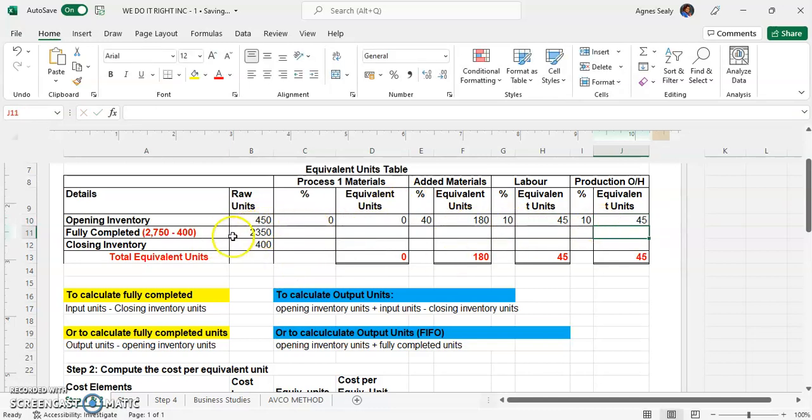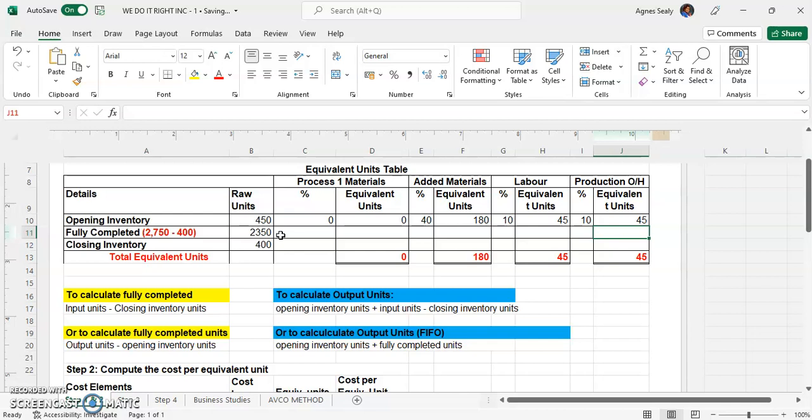Now, when it comes to our fully completed units, these units were the units that were started and finished during the period. So if they have been started and finished, and they, as the terms say, fully completed, it means that they don't need any more process 1 material.